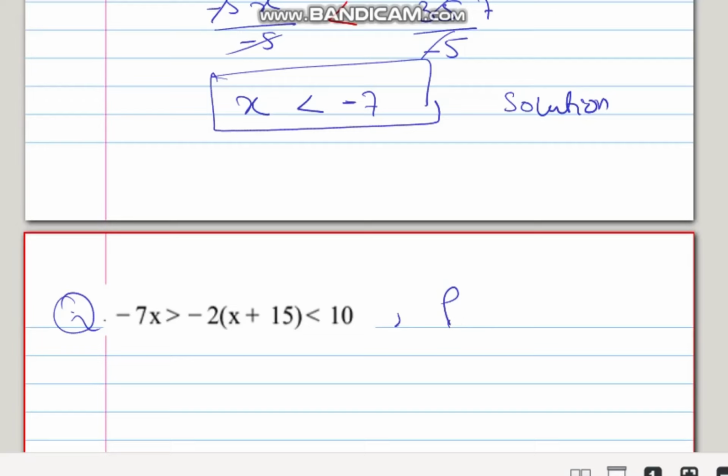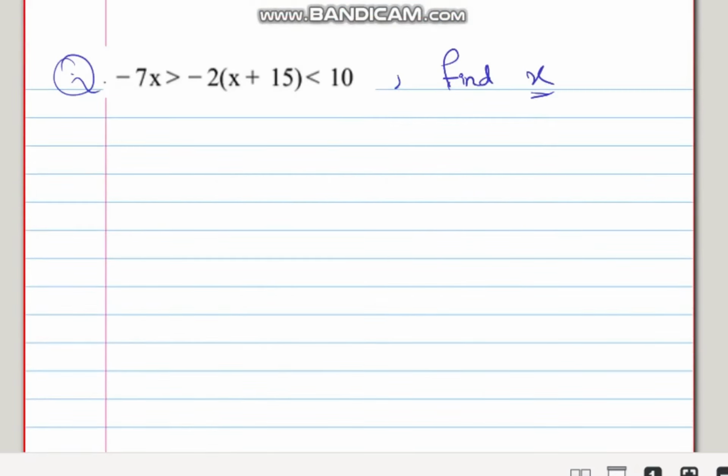Find the solution, find x. Basically there are inequalities like this: minus 2x plus 10 less than 15 and 10. This is the inequality, and first of all, split it into two parts.